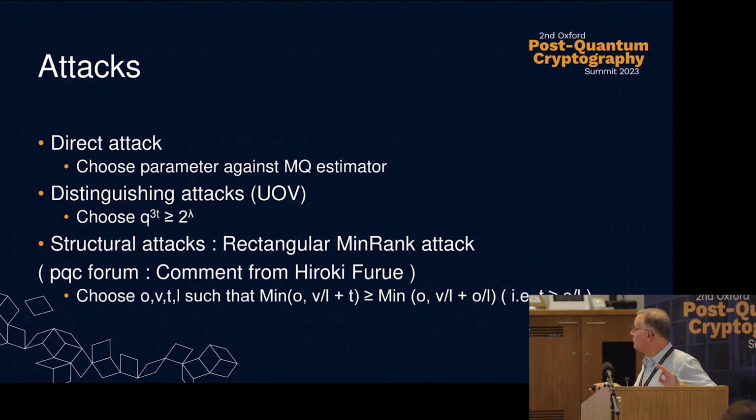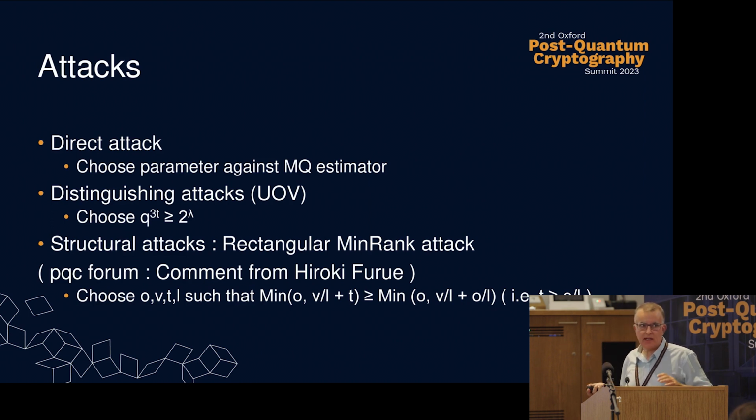So maybe I could go inside this attack, if you don't mind. The argument is that mounting this attack is multiplying each matrix representation of the public polynomials by a vector, and then you get a rectangular matrix by adding all those vectors.